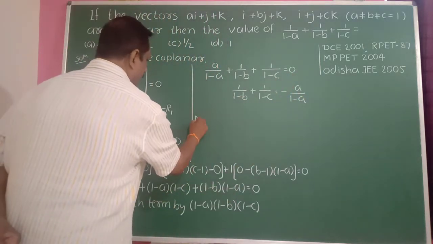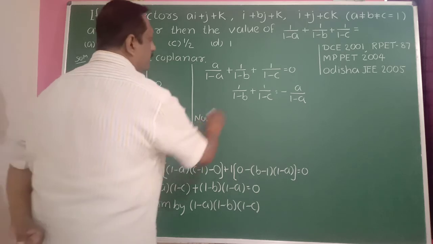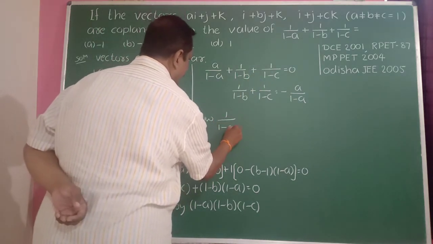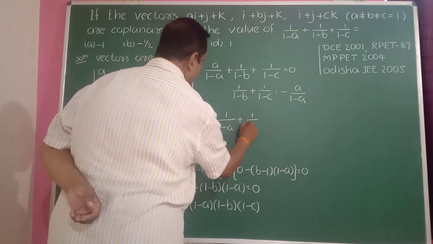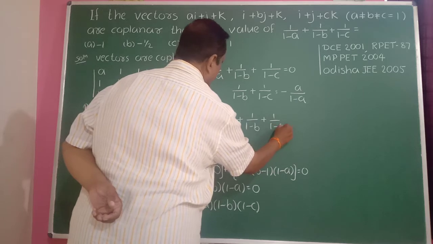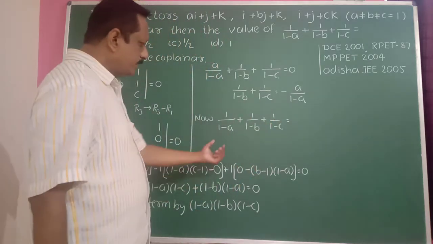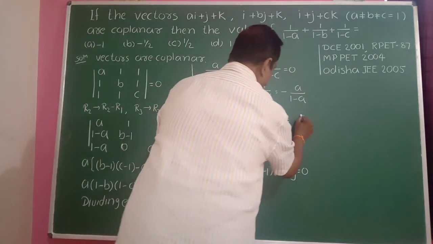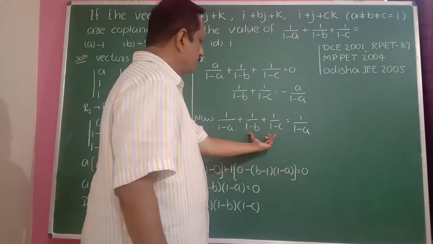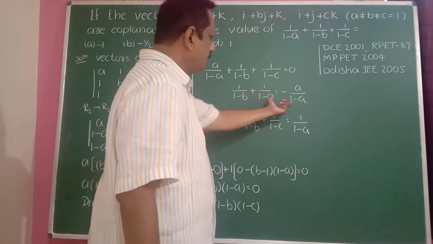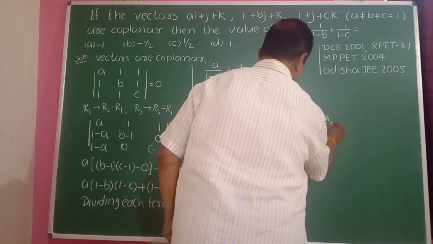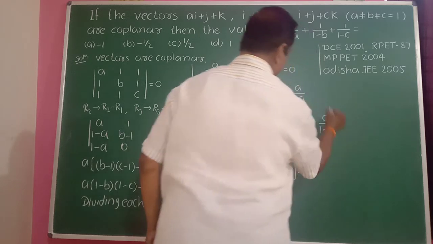Now take this term: 1 upon (1 minus A) plus 1 upon (1 minus B) plus 1 upon (1 minus C) is equal to 1 upon (1 minus A) plus the sum of these two, minus A upon (1 minus A).